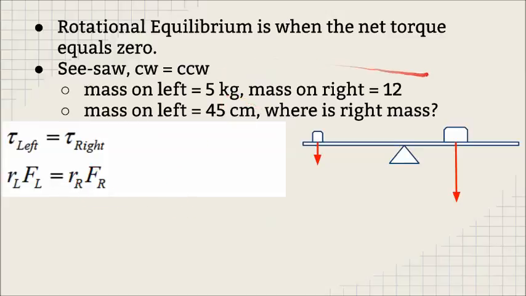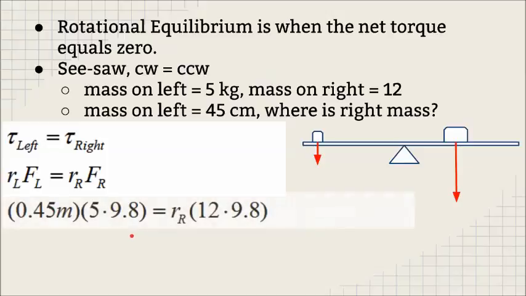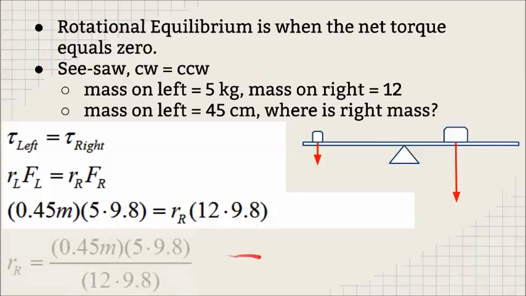Now I plug in these three numbers that I have, and I can switch to meters because I want to get my units as that. And the force, remember, is going to be the mass times 9.8 because we want the weight of each one of those. So we put 5 times 9.8 and then 12 times 9.8. We're doing the math.